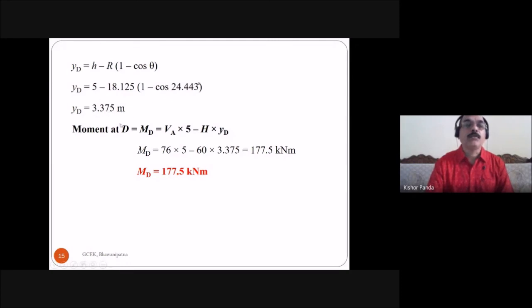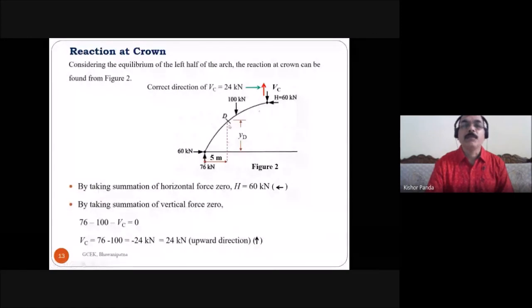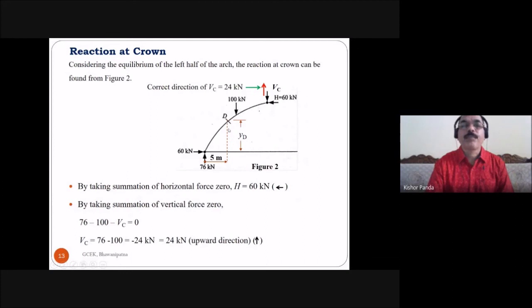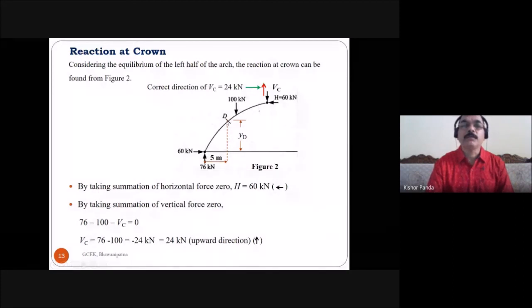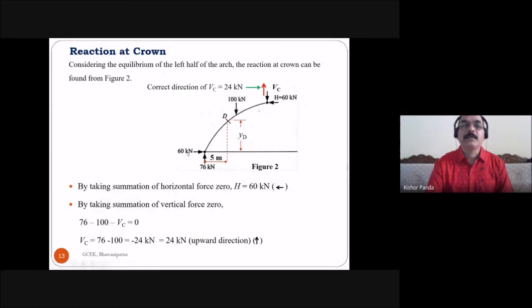After knowing yt, the vertical coordinate of the point D, you can find the moment at the point D. Here you see the vertical reaction at A and the horizontal reaction at A. How do you find the moment at the point D?